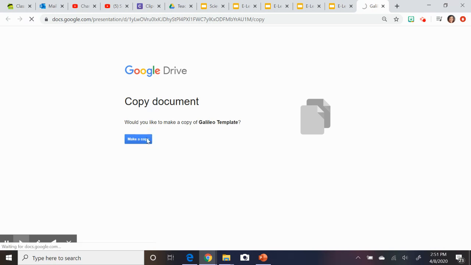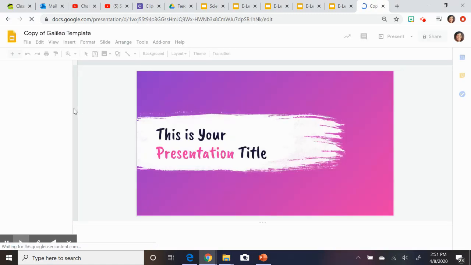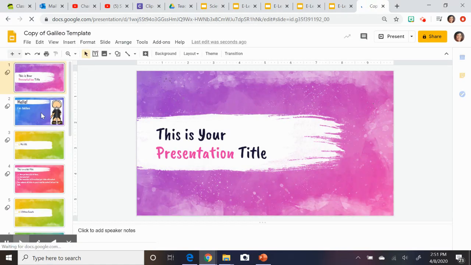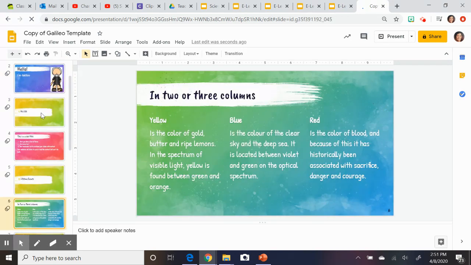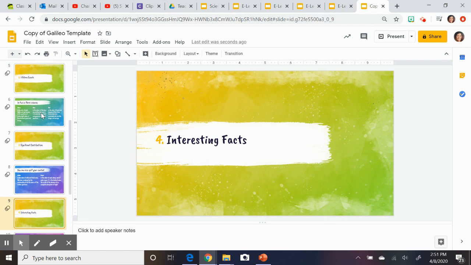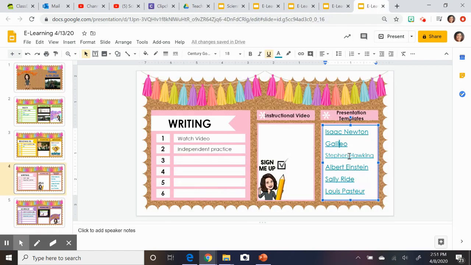So this is Galileo's template. The only thing that's changed is the background, okay? You still have to title it. Still have to talk about their life, their lifetime events, their contributions, and interesting facts, and include a quote, okay? That's Galileo's slide.